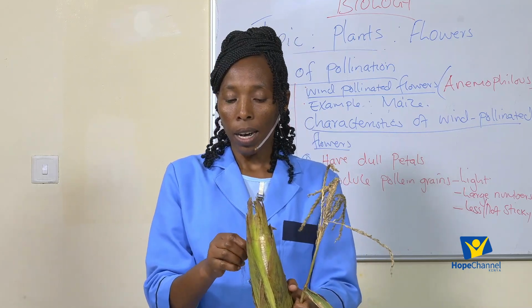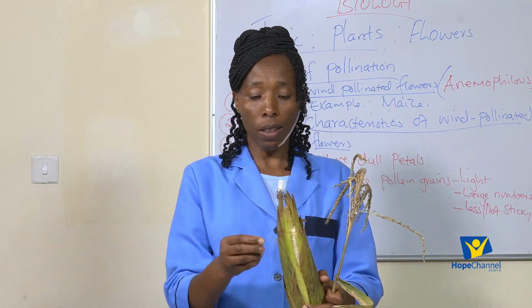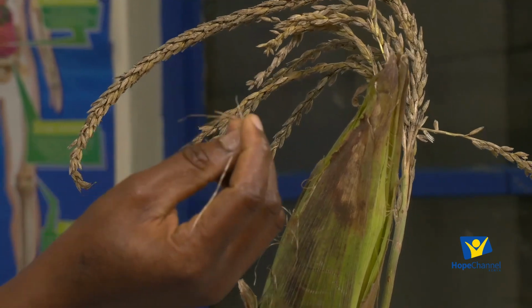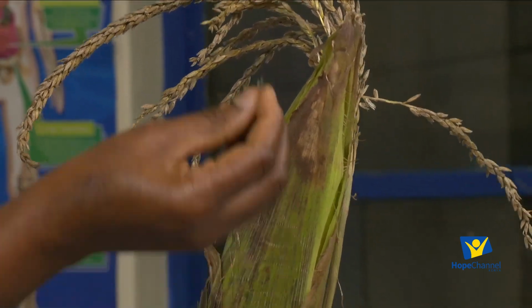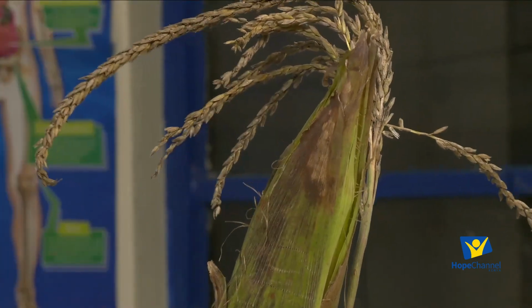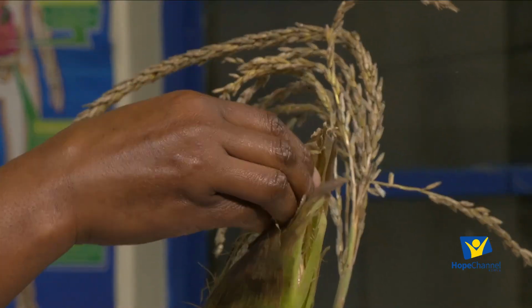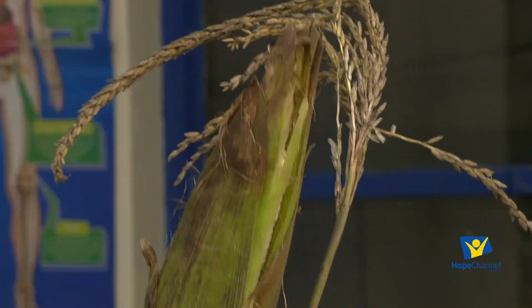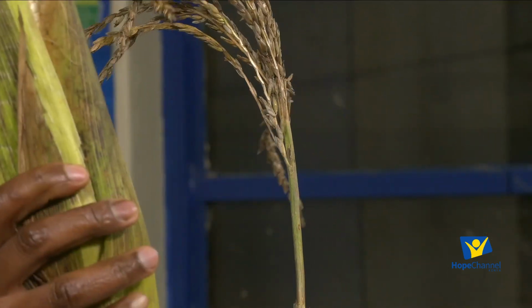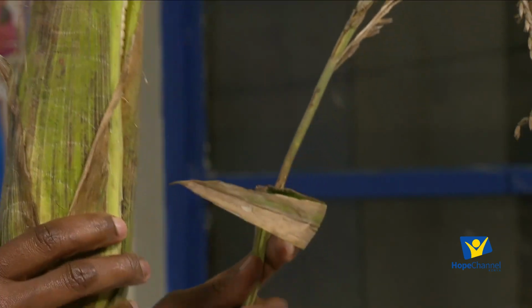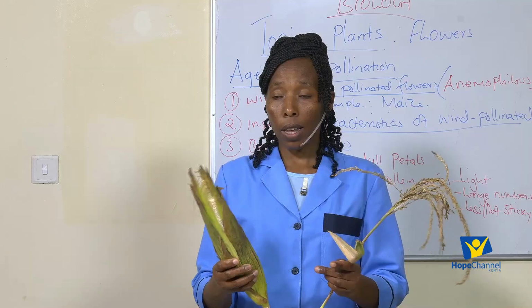And remember, they are also sticky. For these ones, they are sticky. Remember, they have to receive the pollen grains. The pollen grains have to stick on the stigma for them to move all the way to the ovary for fertilization. So for the stigma, usually they are feathery, okay?